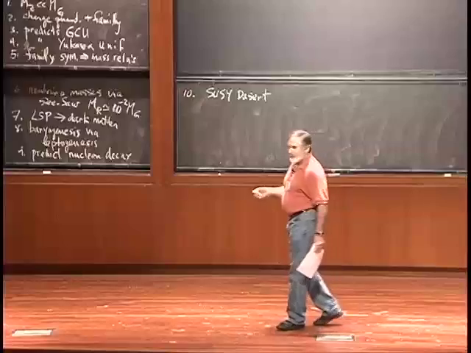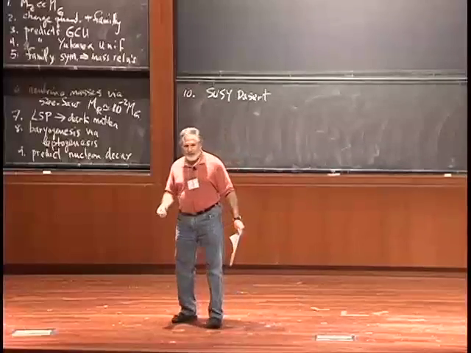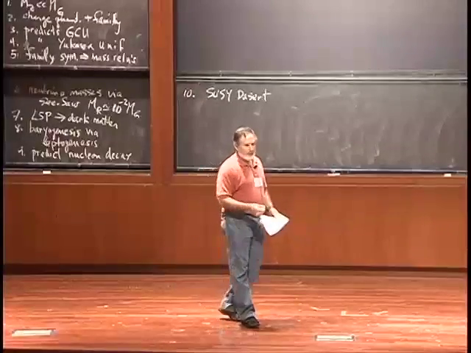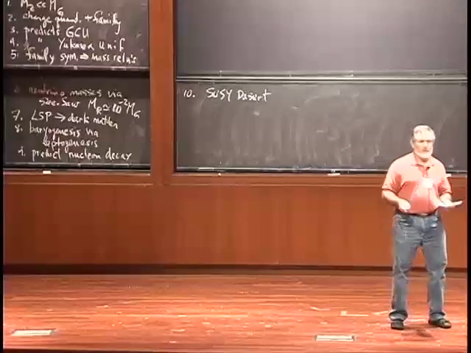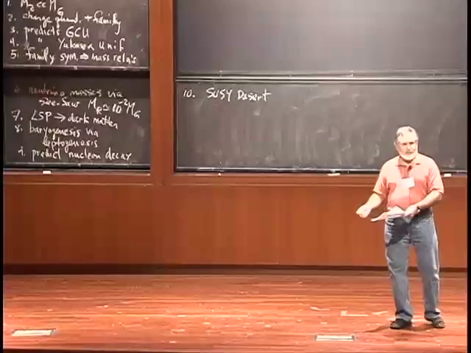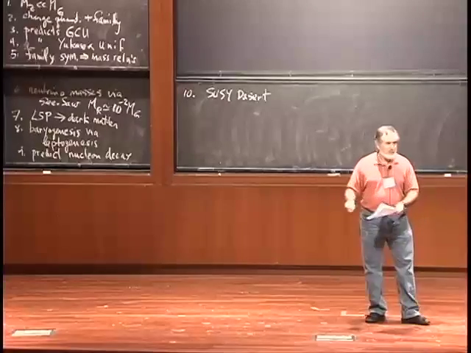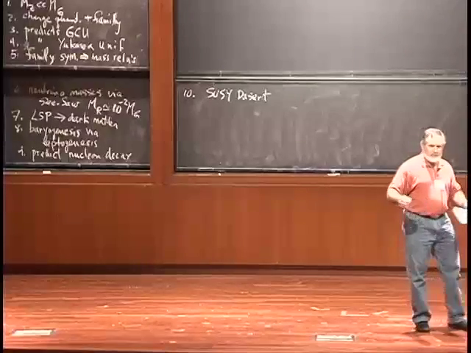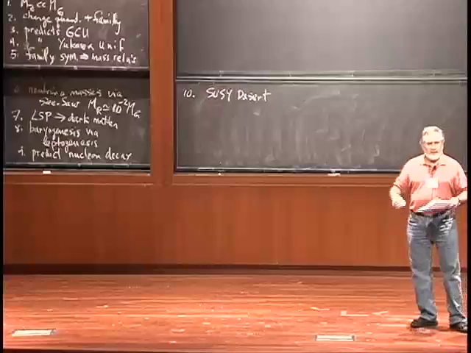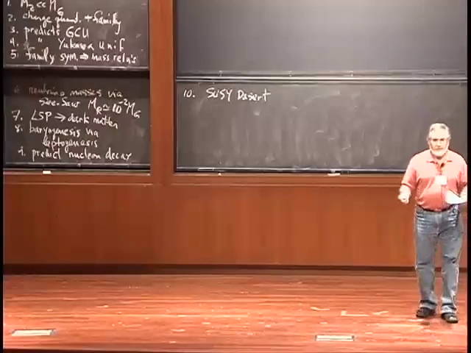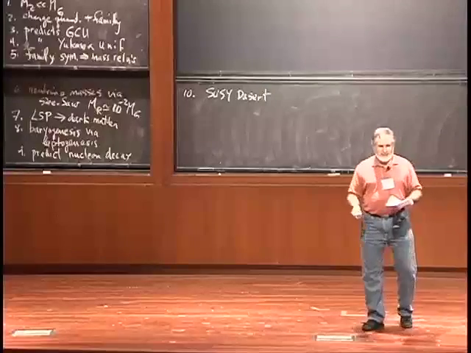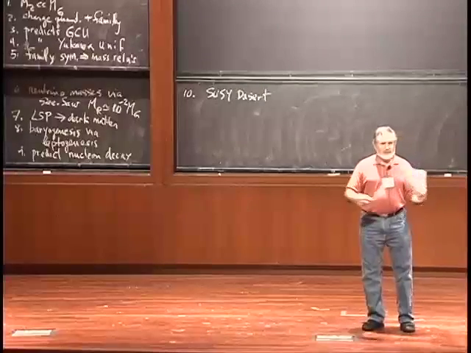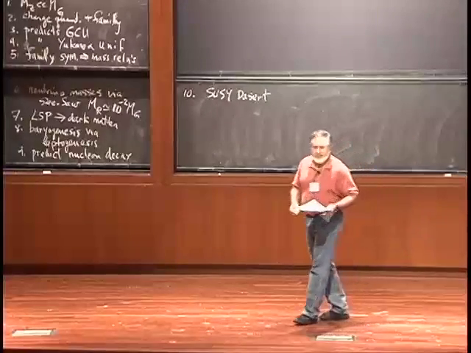Now the SUSY desert is very nice in the following sense, because it gives you a huge lever arm at making discoveries near the GUT scale or near the Planck scale. By observing physics at the LHC, if there is a SUSY desert, then that observation will tell you something of what's going on at the GUT scale or at the Planck scale. And so that's a huge lever arm for experimental physicists, because it would be difficult to build an accelerator to directly probe the GUT scale.